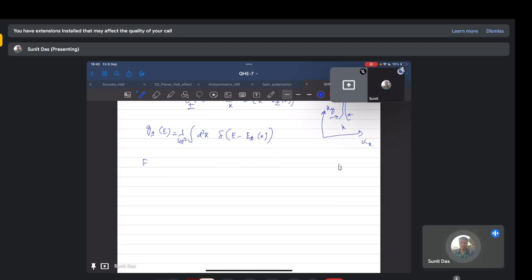Okay, and we have E plus minus of k equal to h bar square k square by 2m plus minus alpha R of k.